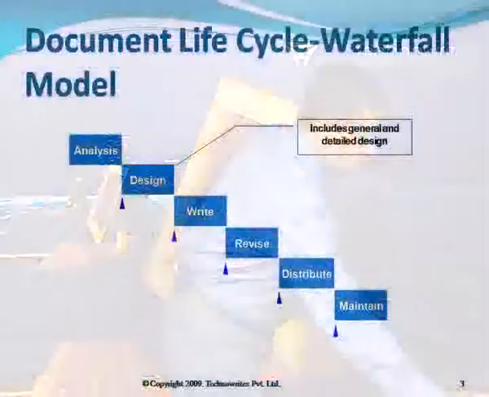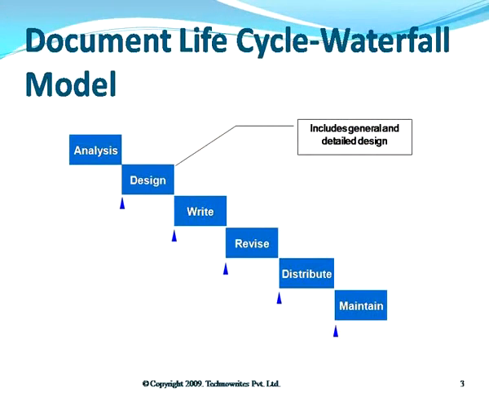So let's take a look at our next slide. Now in the waterfall model, you see these blocks: analysis, design, write, revise, distribute and maintain. As we mentioned earlier, you would probably see the same first four blocks, that is analysis, design, write.